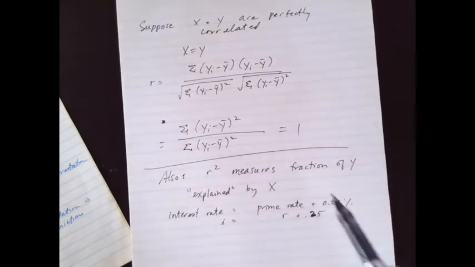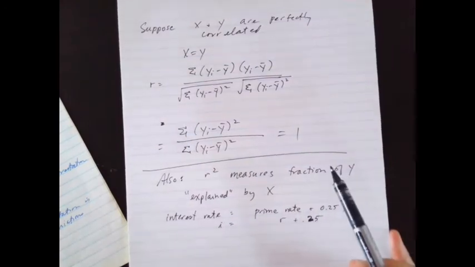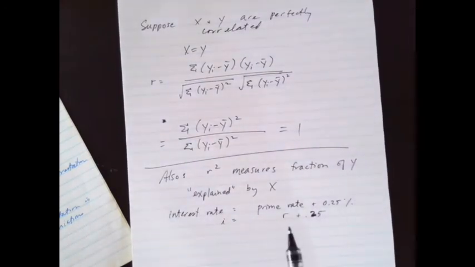But what happens if they're not perfectly correlated? What if your mortgage rate is the prime rate plus an adjustment, 0.25%, plus some other thing, like they might make a risk premium, or there might be some other factor that varies over time? Well, that means the prime rate explains some of the movements in your mortgage rate, but not all of them.